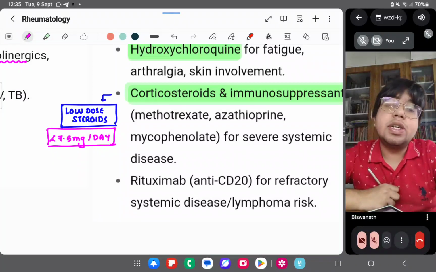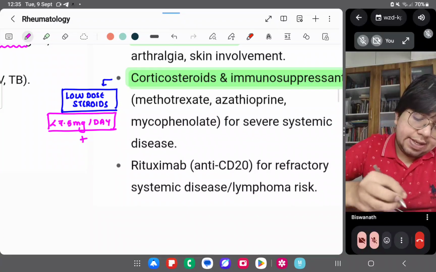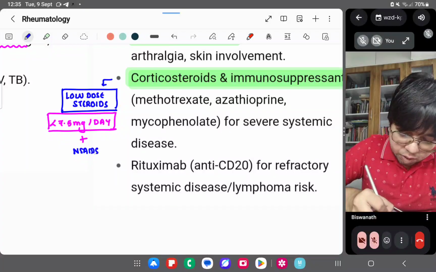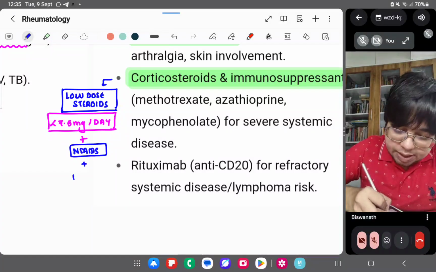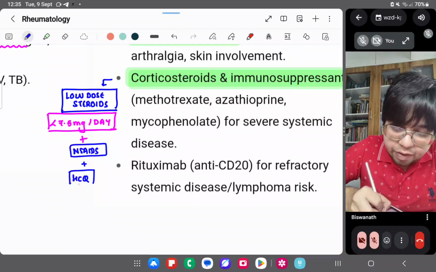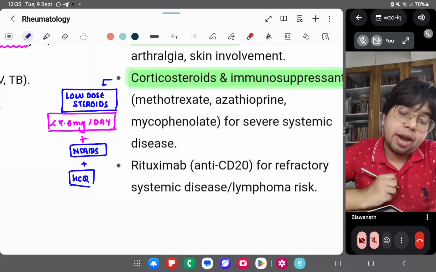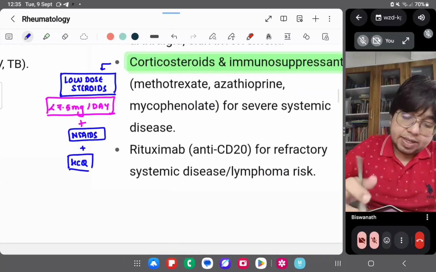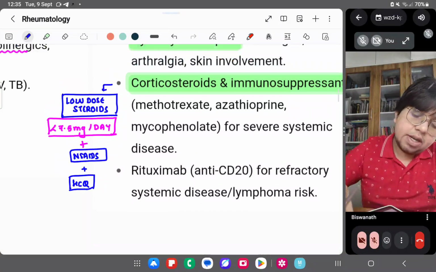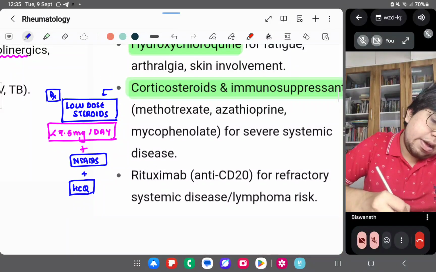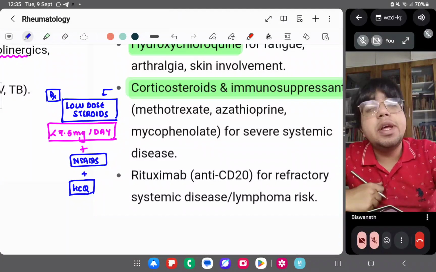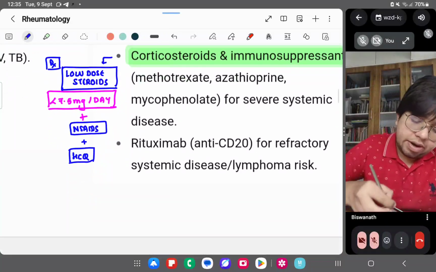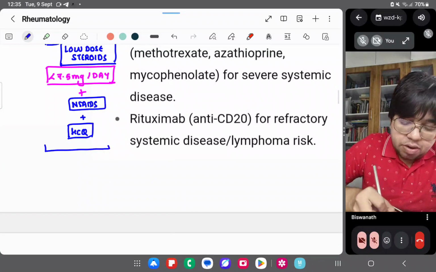Plus, you can add NSAIDs for arthralgia, plus hydroxychloroquine for fatigue, arthralgia and skin involvement. So low dose steroids, NSAIDs plus hydroxychloroquine is what is given for the systemic treatment of extra glandular Sjogren's. Whenever you suspect extra glandular Sjogren's, this is the treatment.